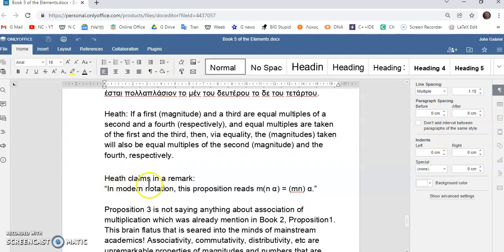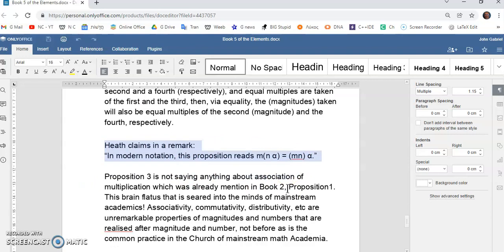So Heath claims in a remark that this proposition reads M multiplied by NA is equal to Mn multiplied by A. It says no such thing. Yes, that's one of the consequences or the facts that follow up on a particular idea, but it's not what the actual proposition is saying.